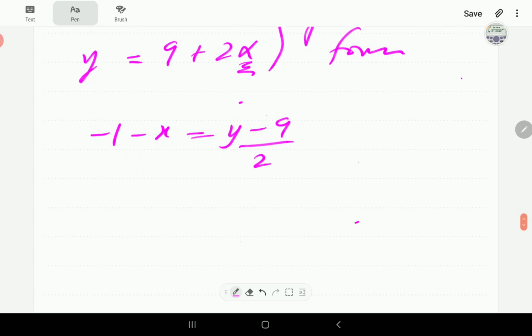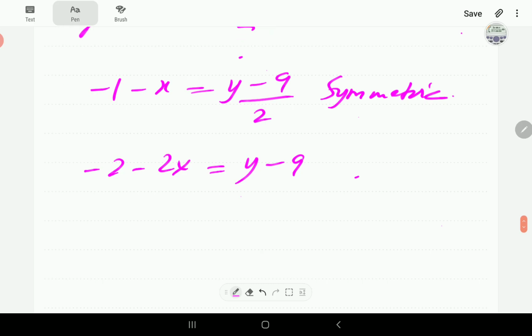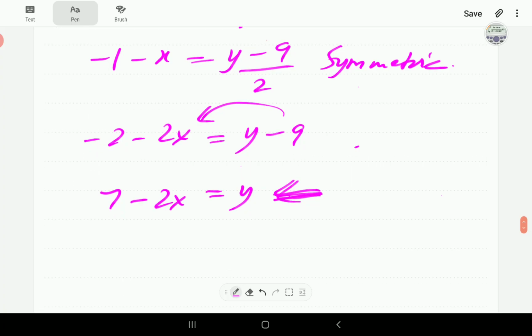So this is now the symmetric form. Let's see if it's going to give us the same equation as before. We're going to have -2 minus 2x equals y minus 9. Bring -9 to the left hand side. It's going to be 9 minus 2, which is 7, minus 2x equals y, which recovers exactly the same equation as before.